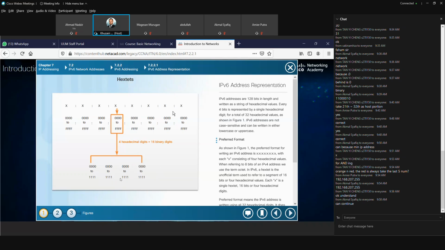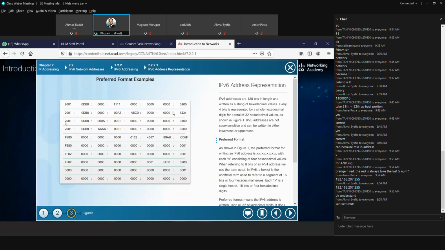Each column will have 16 binary digits, so you can see it's very long. 8 columns, you have 128 binary digits. So this is how the IP version 6 looks like. Each one you can convert into binary digits.